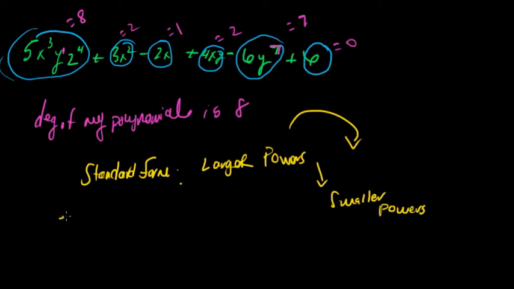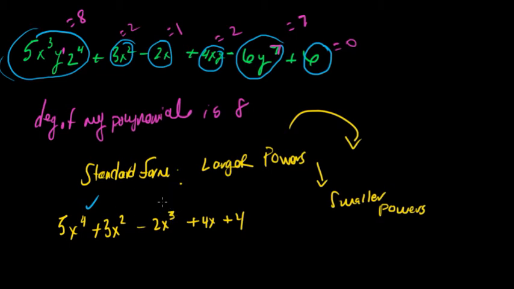Okay, so if I said 5x to the 4th plus 3x squared minus 2x cubed plus 4x plus 4, well, this is not in standard form because it needs to be ordered from larger powers to smaller powers. Well, we have 4, that's large. We have a 2, but here we have a 3.